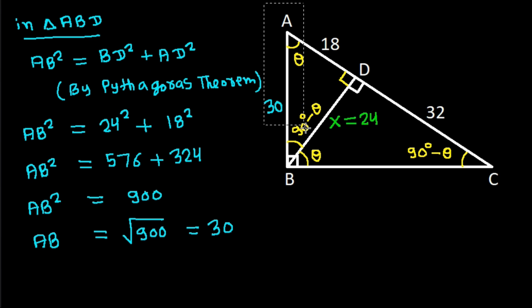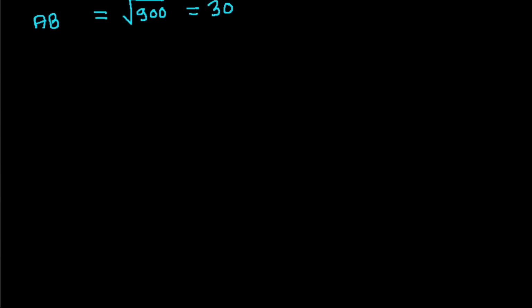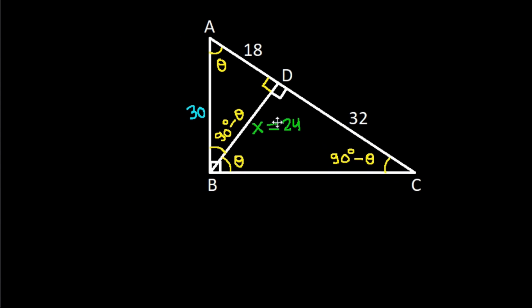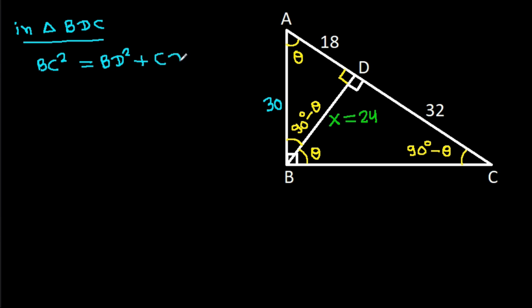and in triangle BDC, BC square, it will be equal to BD square plus CD square by Pythagoras theorem.